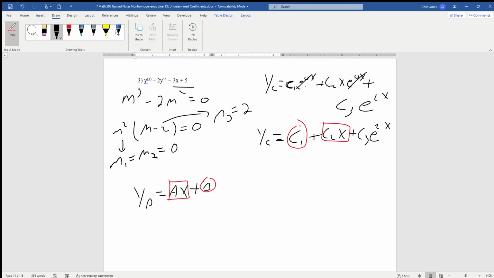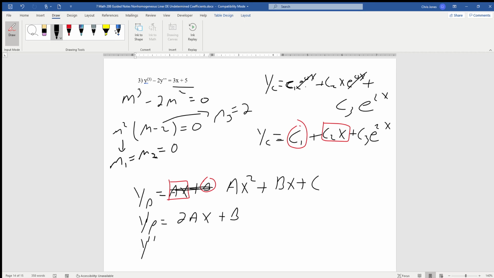What we might guess is that the particular solution looks like ax squared plus bx plus c. Although that's the technique we should use, let's see what happens when we take successive derivatives. The first derivative is 2ax plus b, and that's okay.